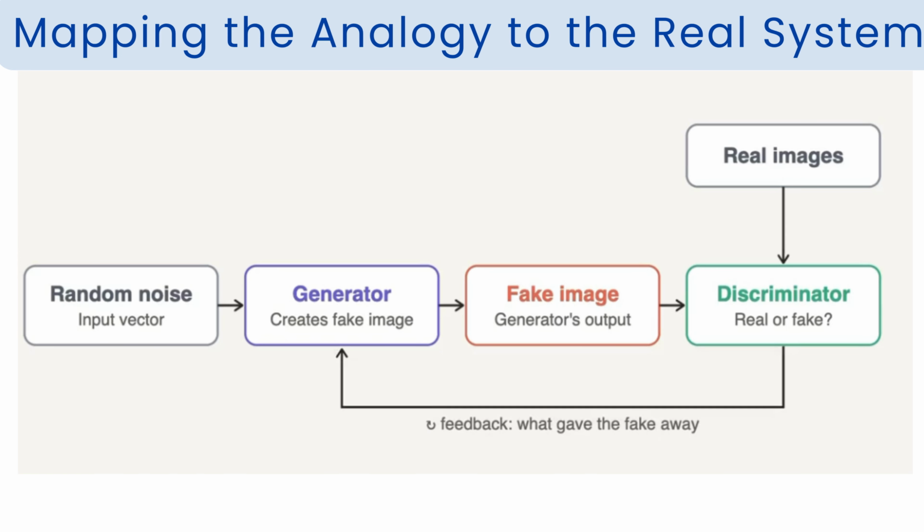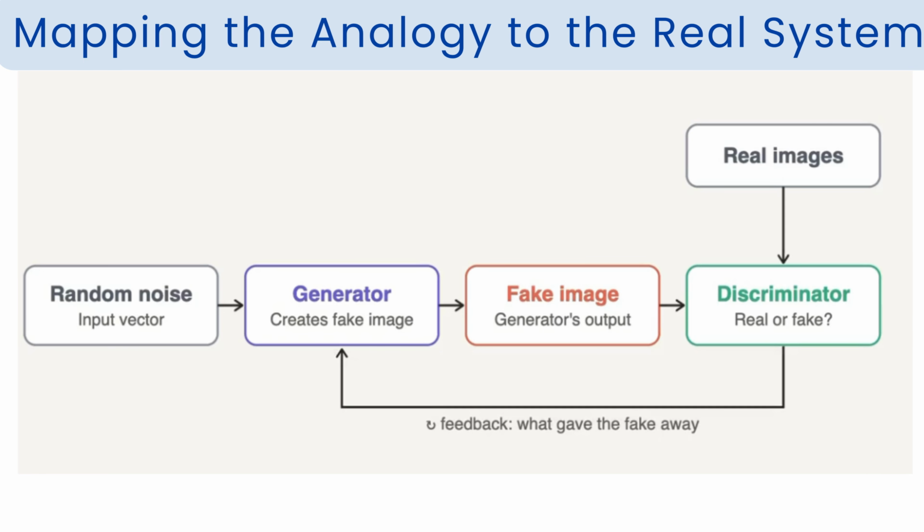First, real images from the training data set, and second, fake images created by the generator. So the discriminator tries to correctly identify which images are real and which ones are fake. At the same time, the generator tries to create images that can fool the discriminator.